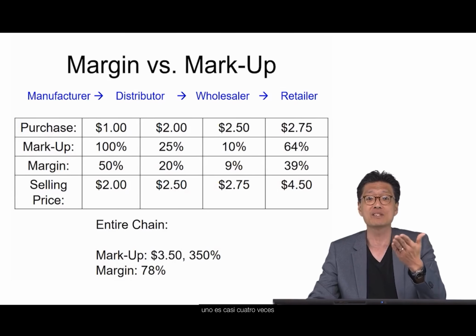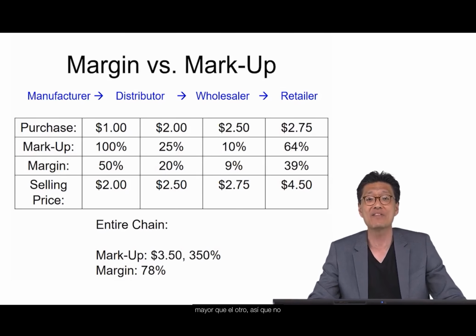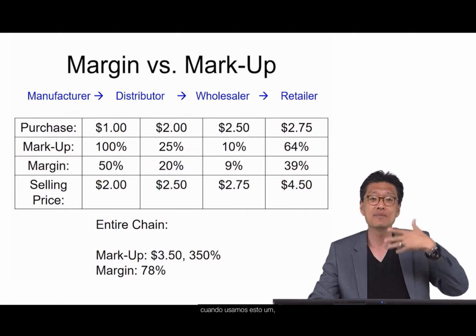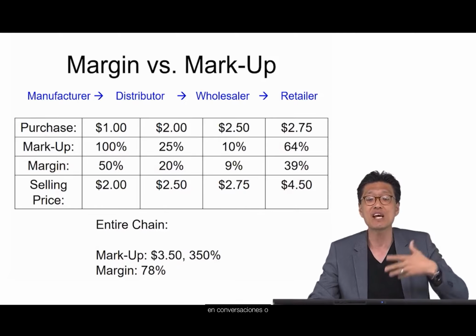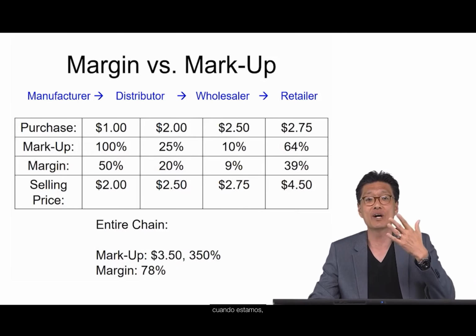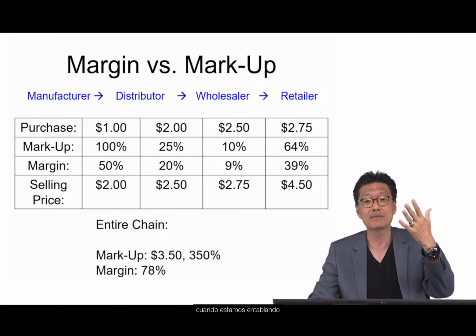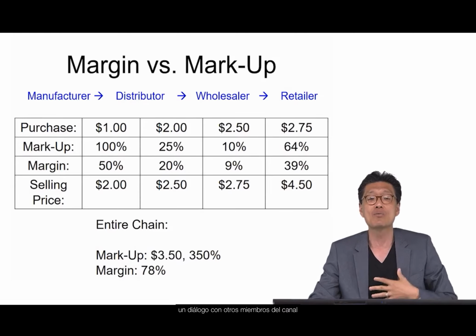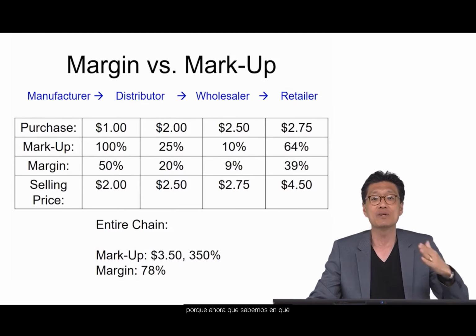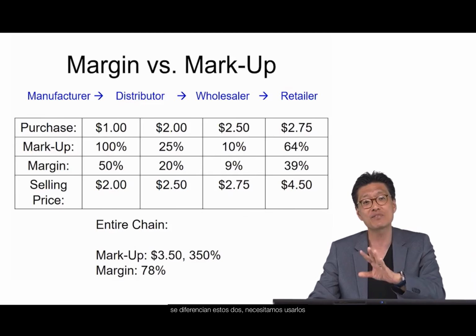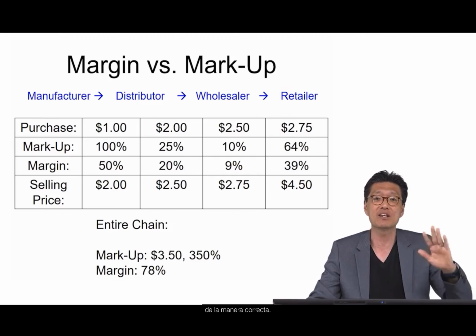One is almost 4 times greater than the other. So let's not confuse the two concepts, when we use them either in conversations or when we're engaging in a dialogue with other channel members. Because now that we know how these two are different, we need to use them in the correct manner.